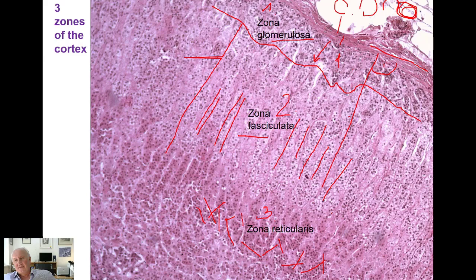So this is the cortex: zona glomerulosa, zona fasciculata, and zona reticularis. And then you are in the medulla, in the cells of the medulla. So the trabecular epithelium and the trabeculae can have, and they are having, a different shape, and that's the reason why these three zones are here so nicely seen.